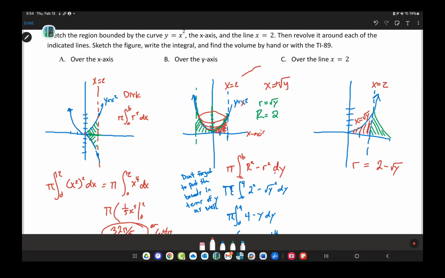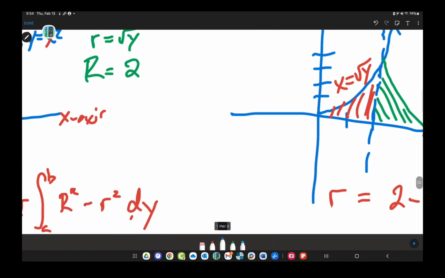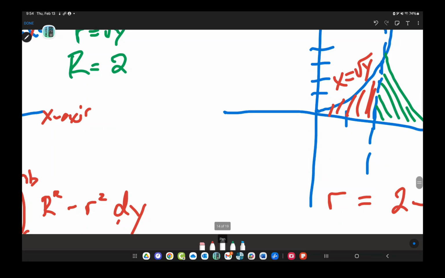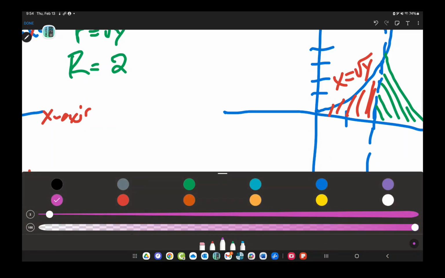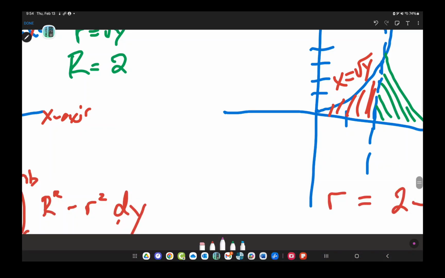If I was trying to describe this length of line right here, it has to be in terms of y because it's horizontal. That would be 2, because the distance from the y-axis to that point is 2, minus the function.